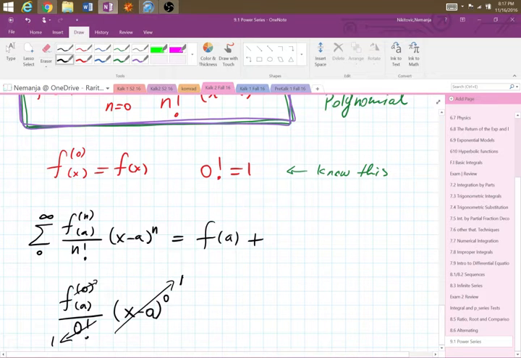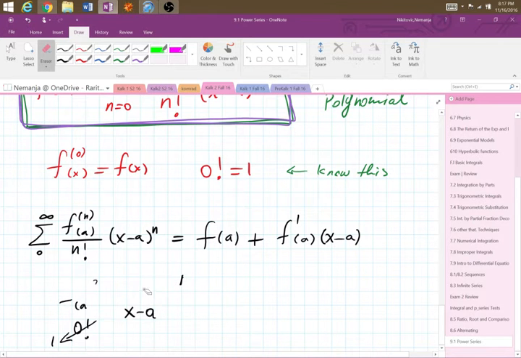Plus, 1 factorial is 1, so you just have the first derivative, because now n, the order of the derivative, is 1. First derivative computed at a, divided by 1 factorial, times x minus a to the 1. That's your linear term.